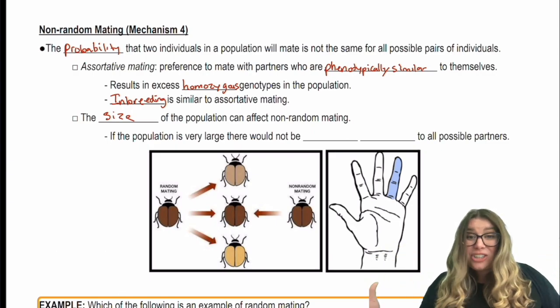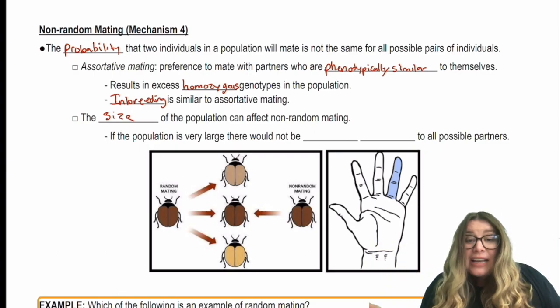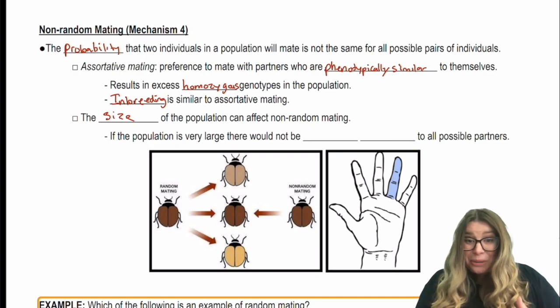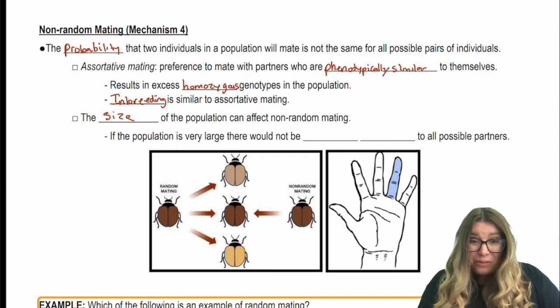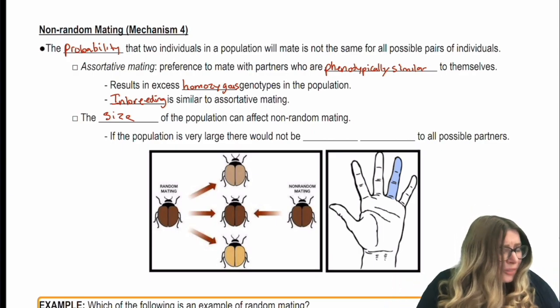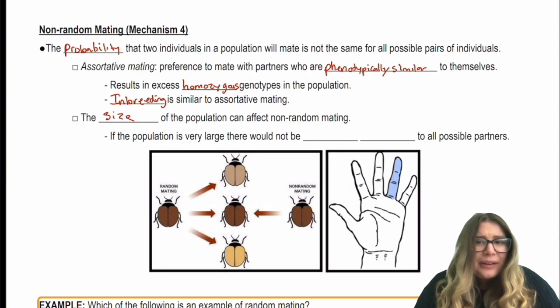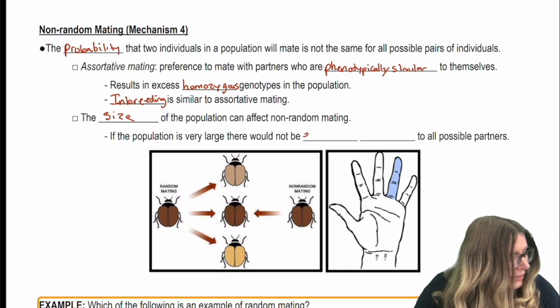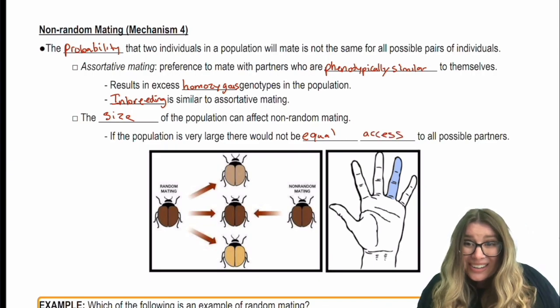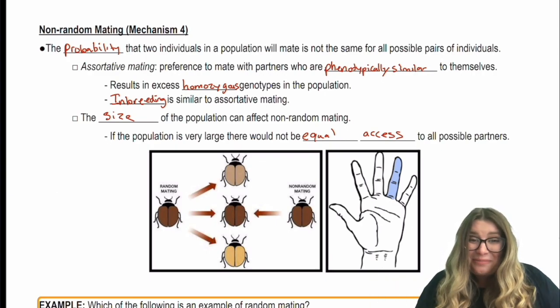If your population is very large, it's probably spread out over a very big distance. Organisms that live closer to each other are probably going to mate with each other more often than if they're spread out. So if the population is very large, there would not be equal access to all possible partners. So the size of the population can affect non-random mating.